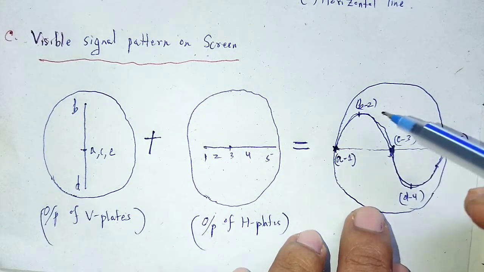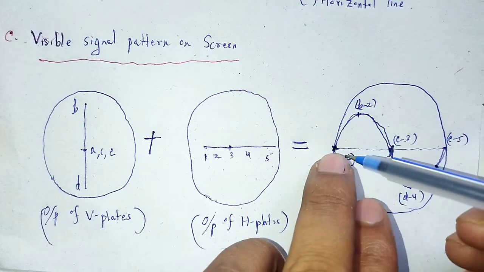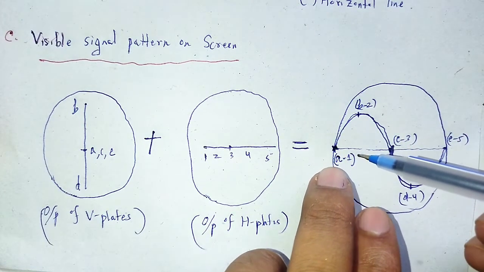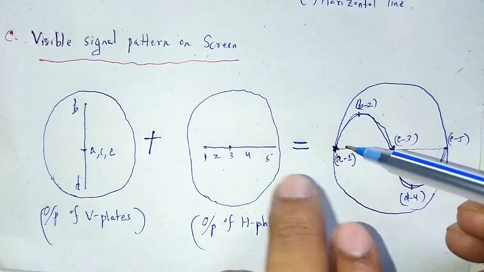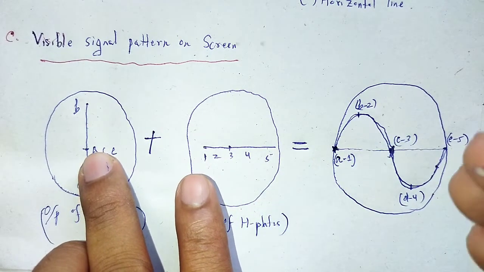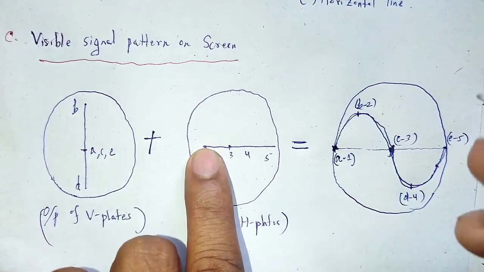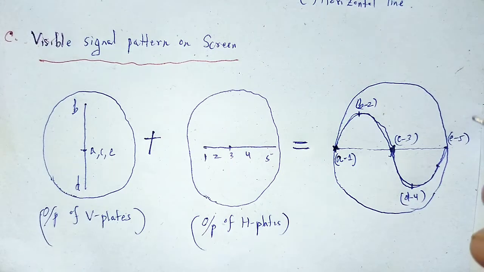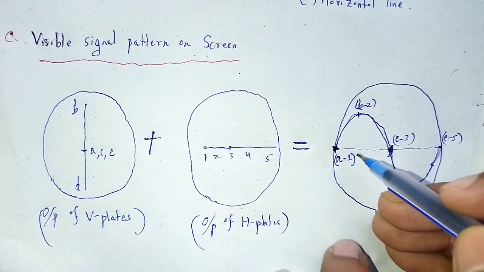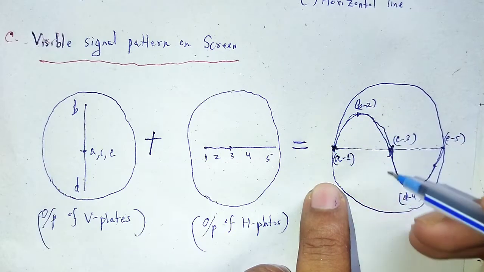Since we consider a time period of 4t, at initial time t is equal to 0, the spot would be produced at A due to the signal, but it will be deflected to position 1 due to that sawtooth wave. Thus, a point A minus 1 is obtained on the screen at the extreme left side.